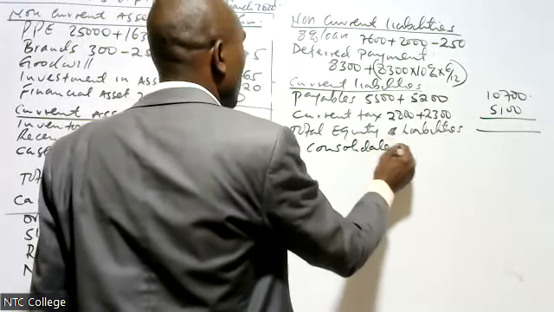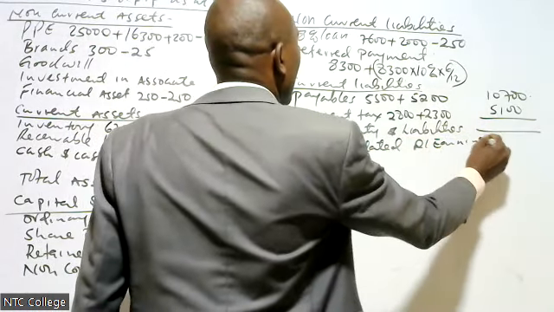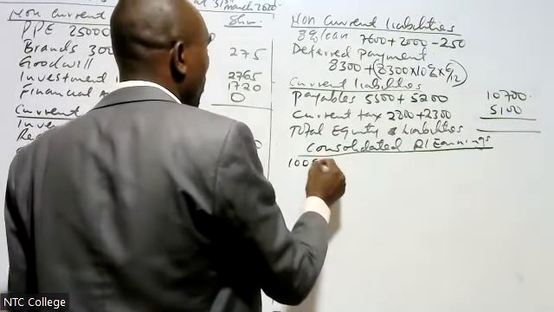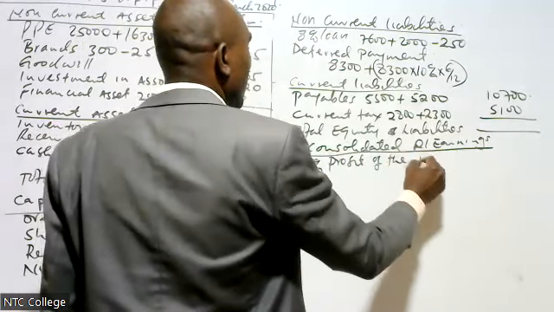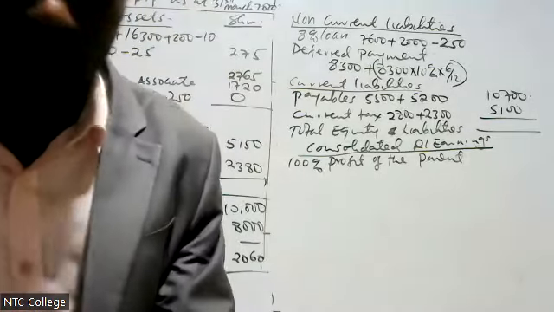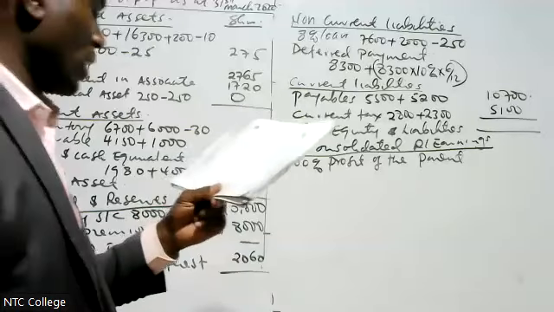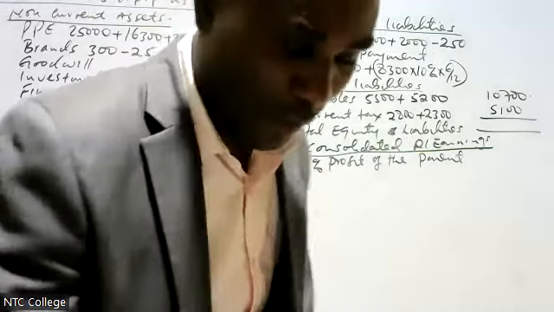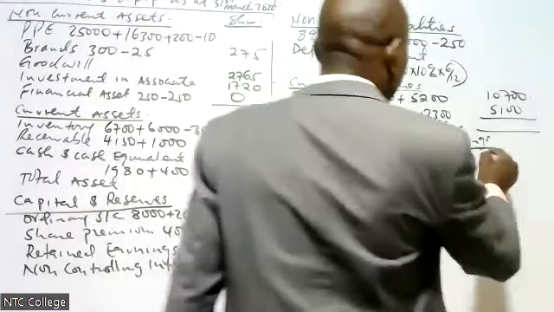Let's do the consolidated retained earnings. Here we take 100% profit of the parent from the balance sheet, which is 12,100.